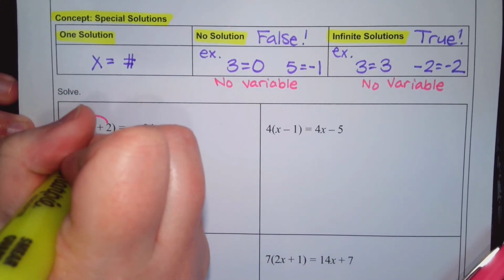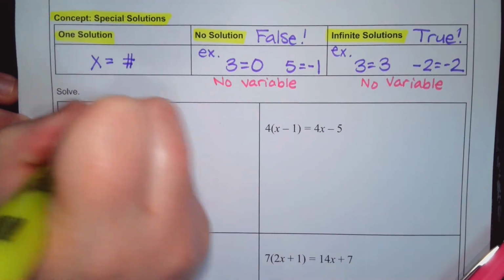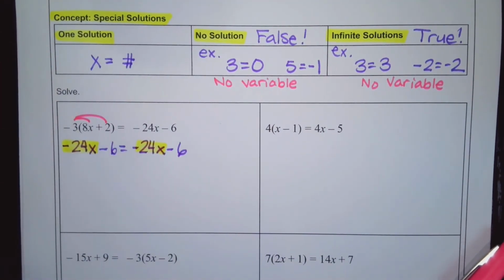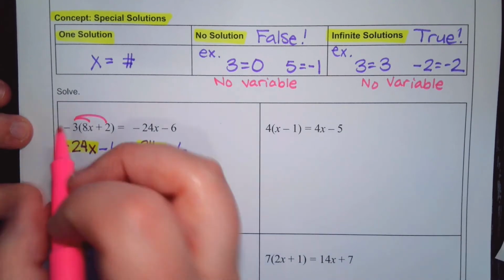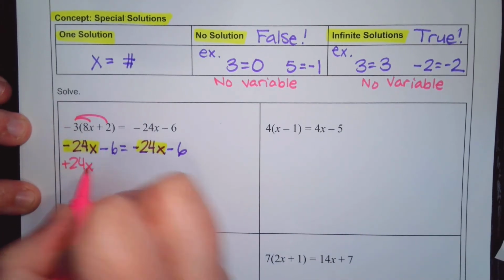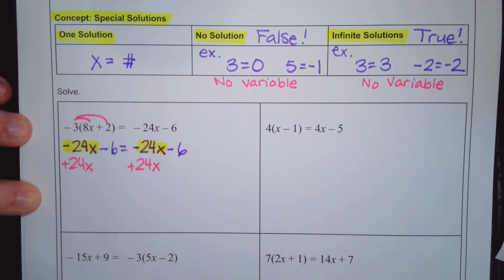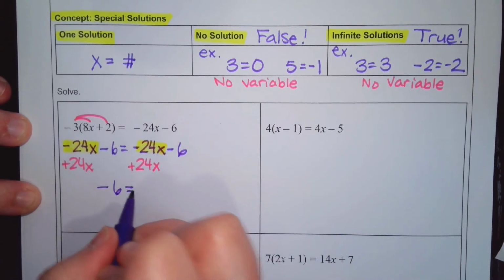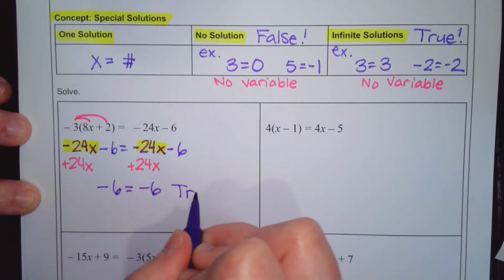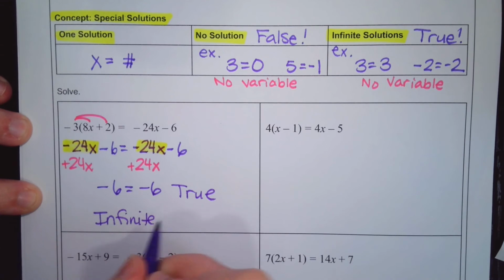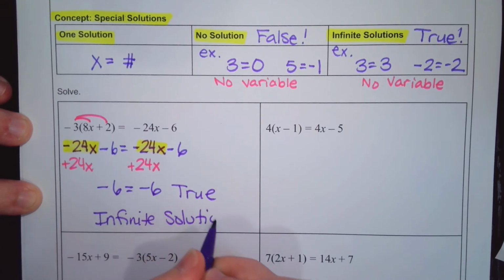When you look at your variables, if they are the exact same thing, it's most definitely a special solution. So we're going to add 24x, and they will cancel, leaving us with negative 6 is equal to negative 6. This is a true statement, so we have infinite solutions.